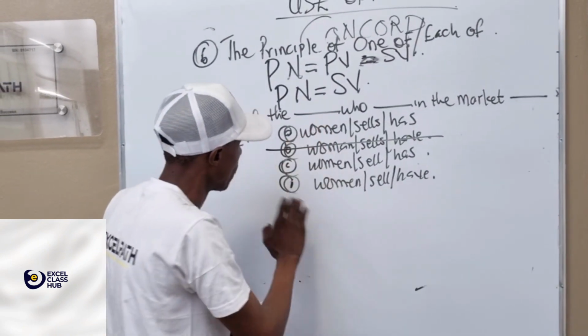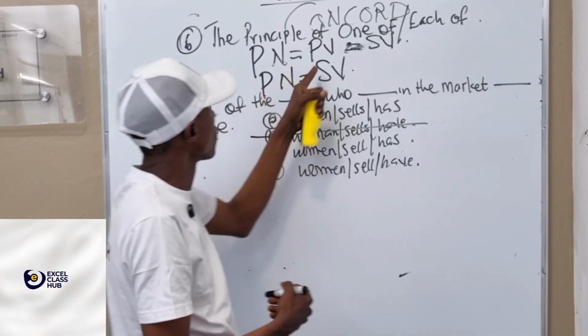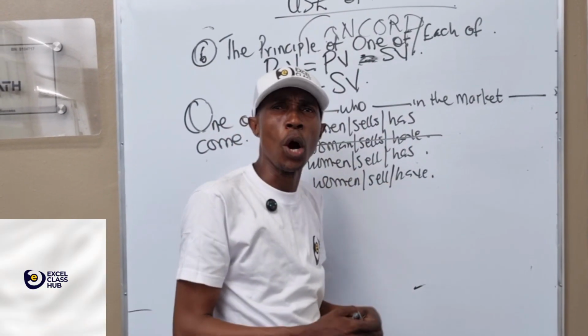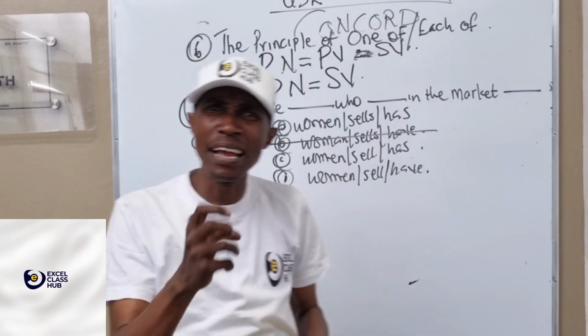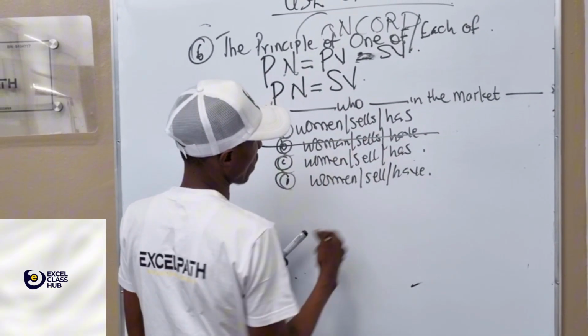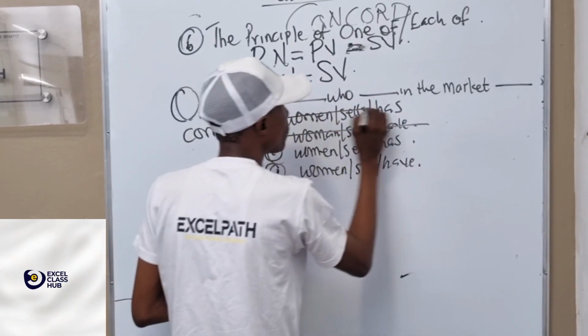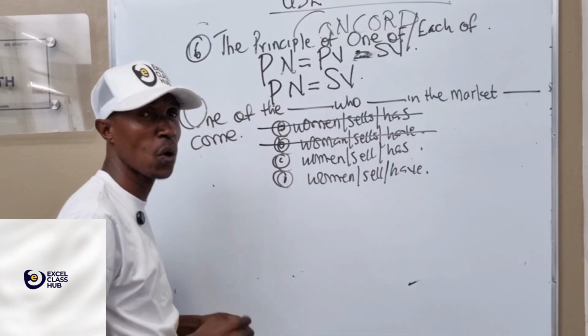We have women, women, women. Then you go to the second principle. The principle says plural verb. Your plural verb must not carry S. So we are talking about sell. We have sells here. So option A is also wrong.